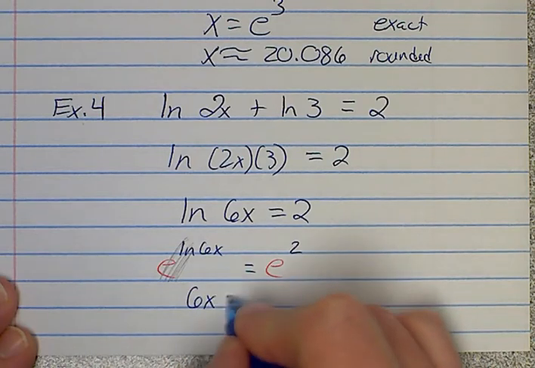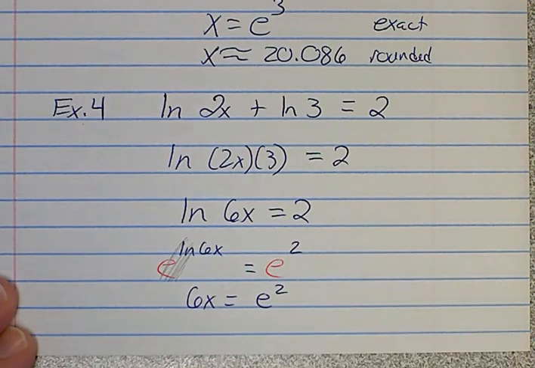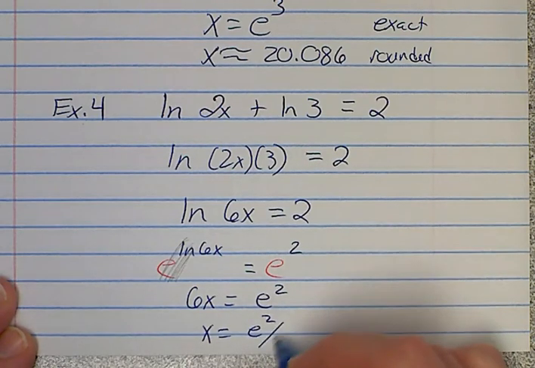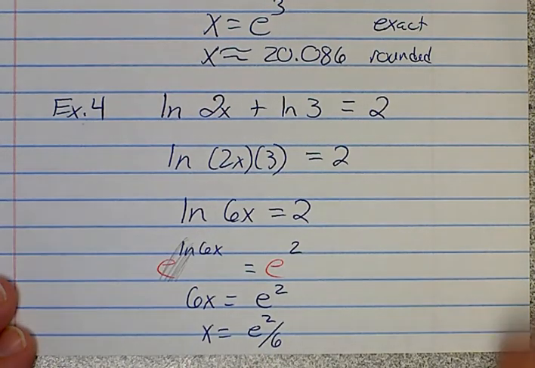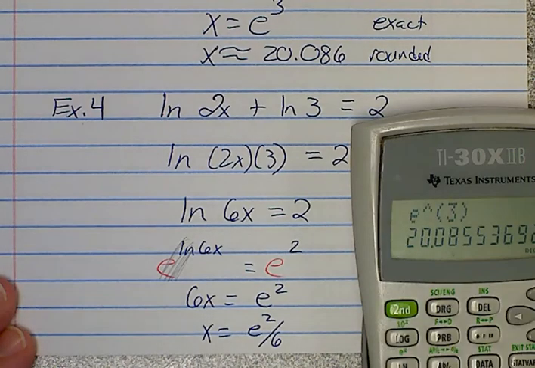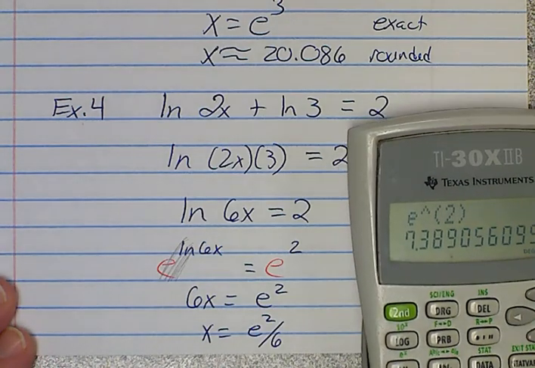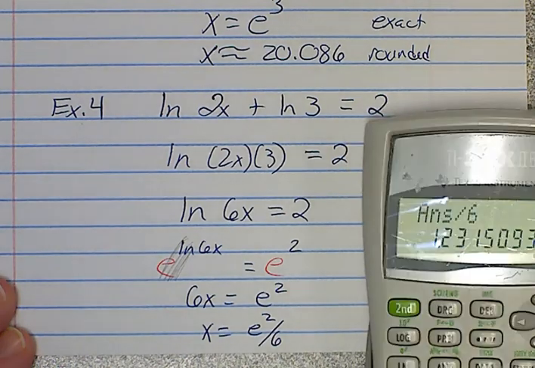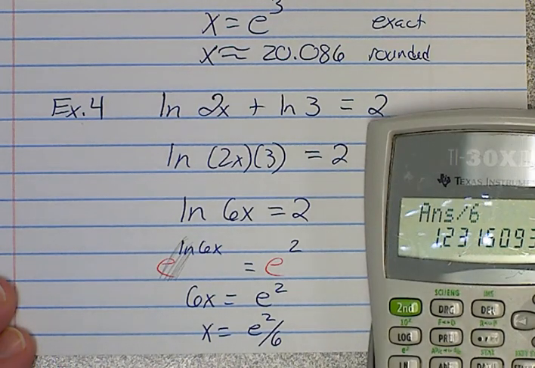Got 6x equals e squared, or e squared over 6. And if we take e squared, again, I'd say close that number off, get it to e squared first, which is that 7.389. Then go back and take that answer and divide it by 6. We get 1.232 for a final answer there.